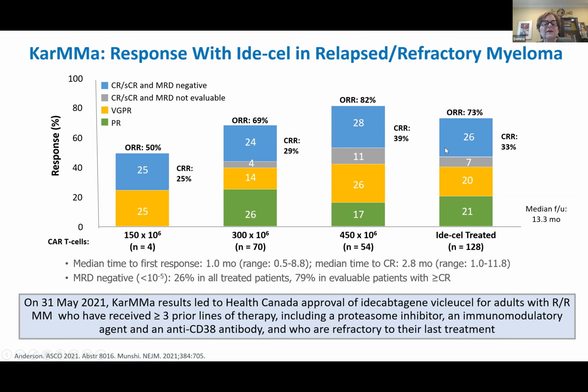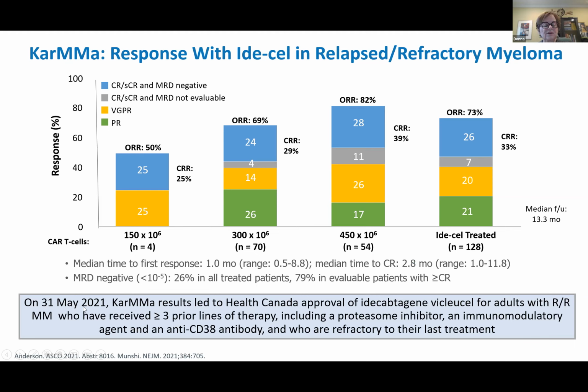The blue is the complete remission, or if your free light chains were normal, stringent CR, and your marrow was really free of myeloma, that was stringent CR. And of those that were in CR, a quarter were MRD negative, which is a more sensitive way to measure the myeloma burden. As all of these products, the responses are seen within the first 4 weeks. The median time to complete response is just under 3 months.